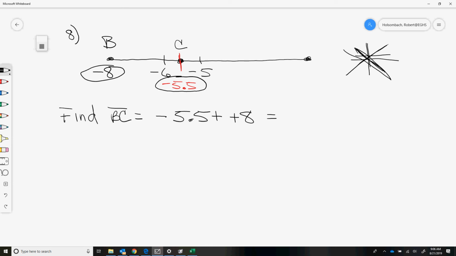So negative 5.5 plus 8. That's 2.5. So 2.5 is the distance between B and C. Any questions there?